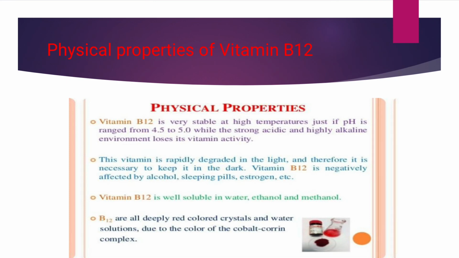Vitamin B12 is negatively affected by alcohol, sleeping pills and estrogen, etc. Vitamin B12 is well soluble in water, ethanol and methanol. B12 crystals and water solution are deep red in color due to the color of the cobalt corrin complex, that is red. This is the physical properties of vitamin B12.